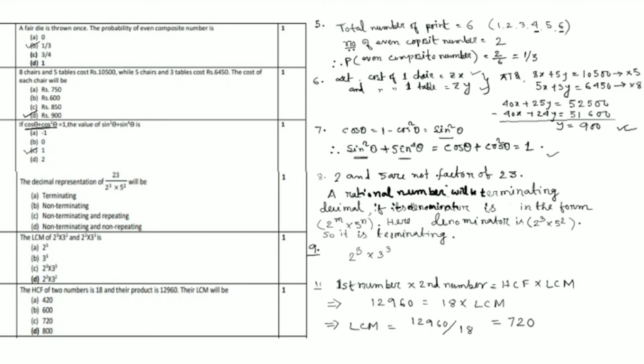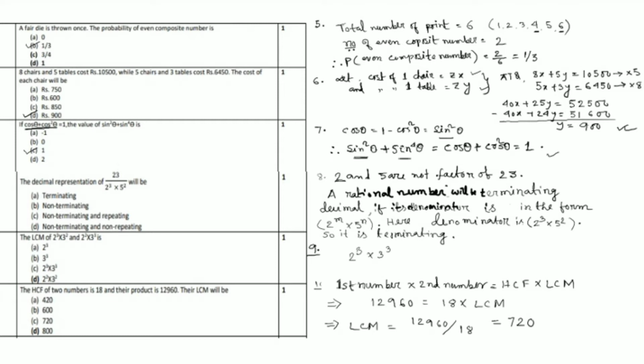Now question number 8. The decimal representation of 23 divided by 2 cube into 5 square will be terminating, non-terminating and repeating, or non-terminating and non-repeating. What will be the option? Okay. Here you can see 2 and 5 are not factors of 23.